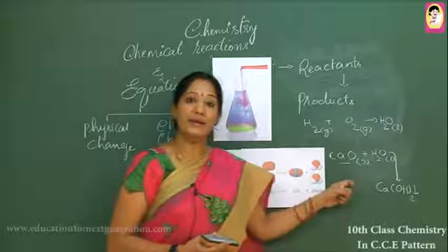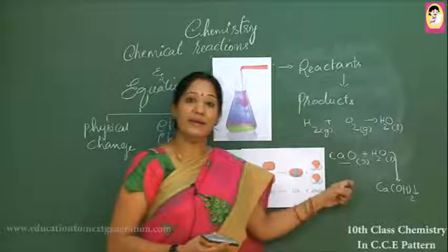Here, hydrogen reacts with oxygen to give rise to the water molecule. The product obtained over here is a new substance, formed without destroying the hydrogen and oxygen. This is according to the law of conservation of mass.